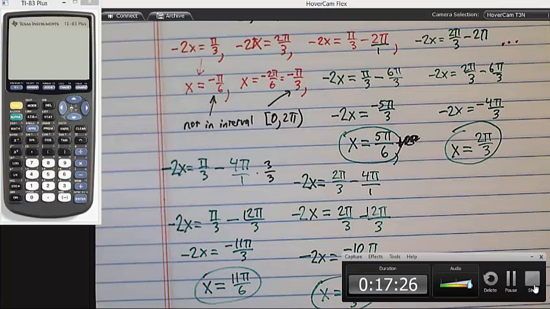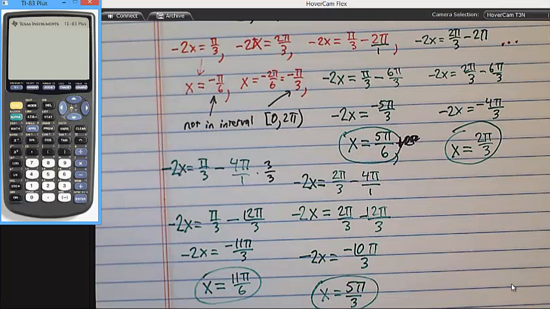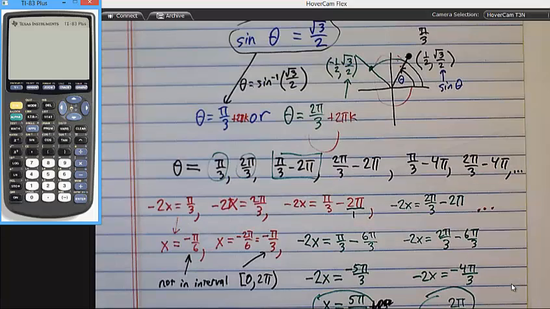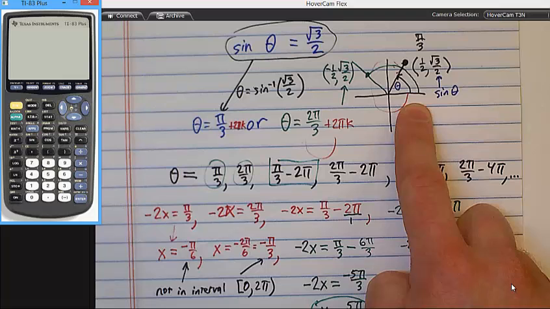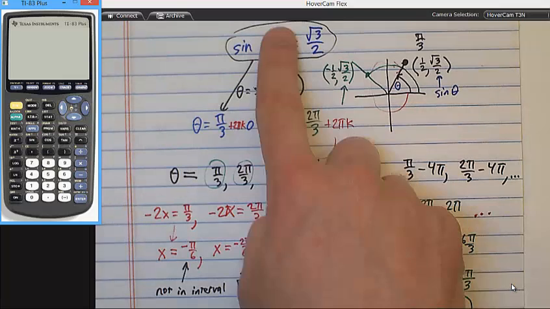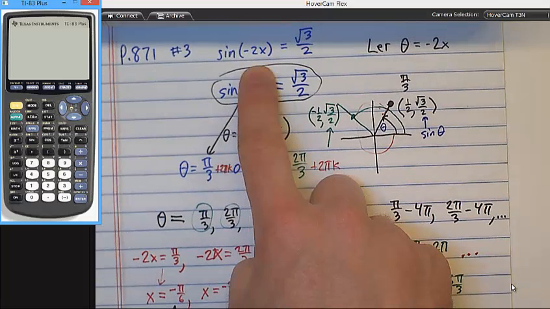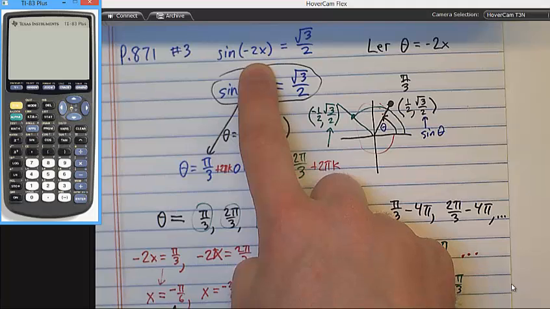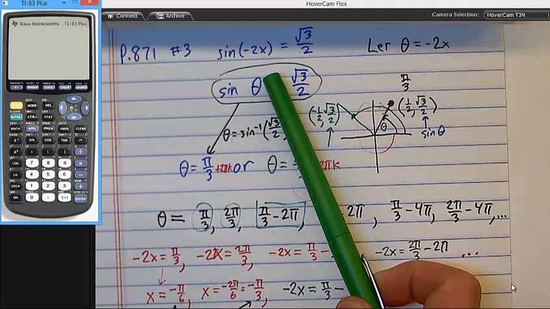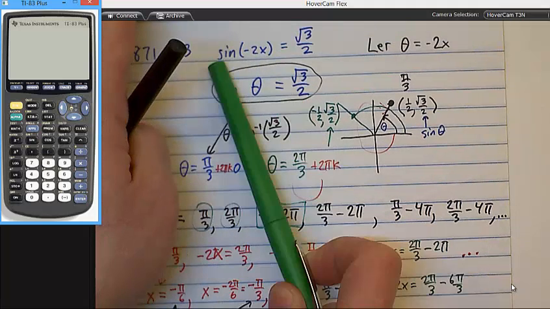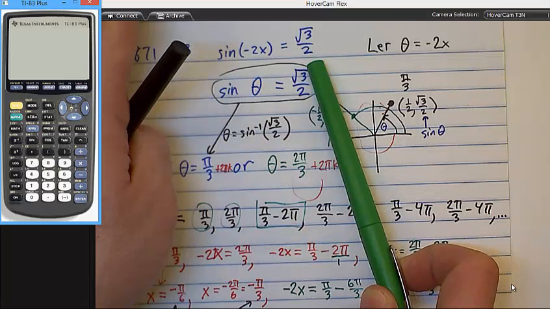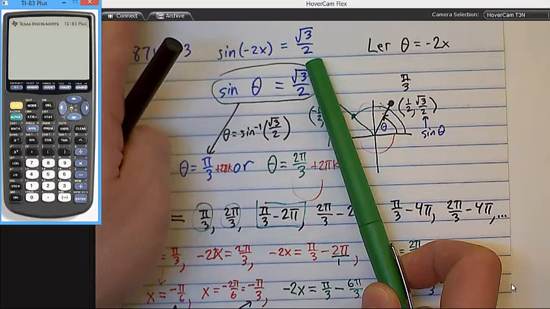I can easily draw pictures of theta, but it's hard for me to draw pictures of x. See, my trig equation is not sine of theta. It's the sine of negative 2x, right? And so you're trying to figure out, what do I put in for x that makes the sine equal to radical 3 over 2? Well, there's lots of things you can put in for x.